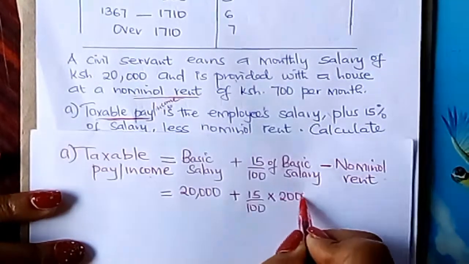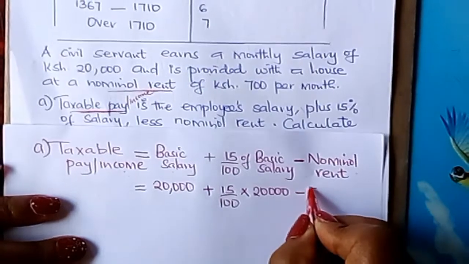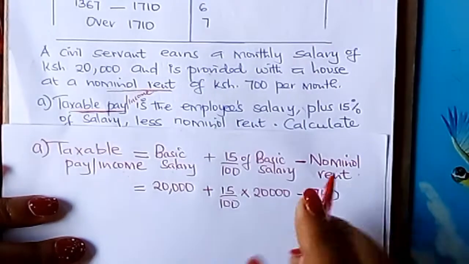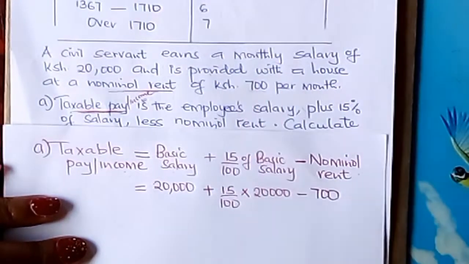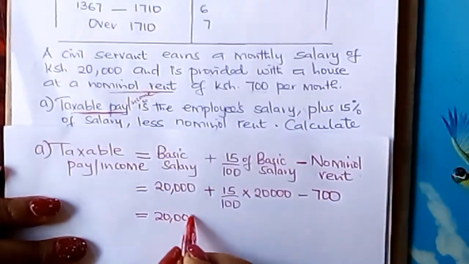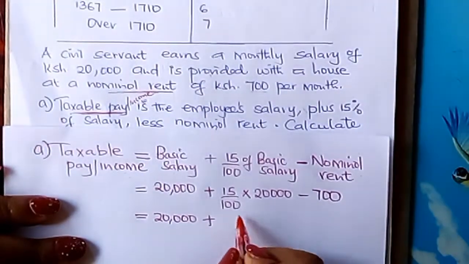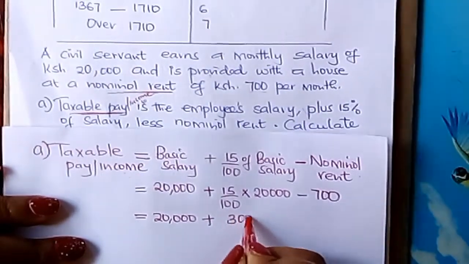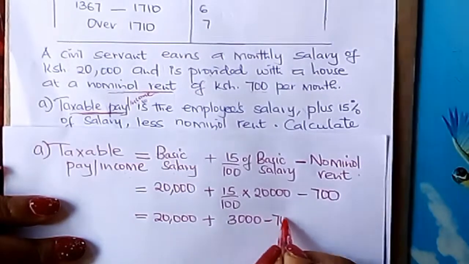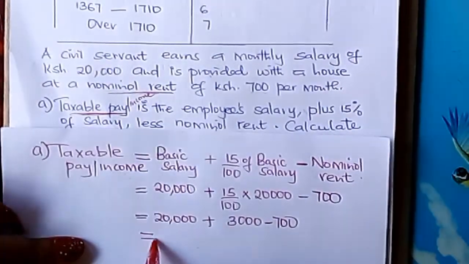You multiply by the basic salary and then you subtract the nominal rent, which is 700. Look at that. So you work out this, learner, you get 3,000. So this plus this minus that gives you what, learner?